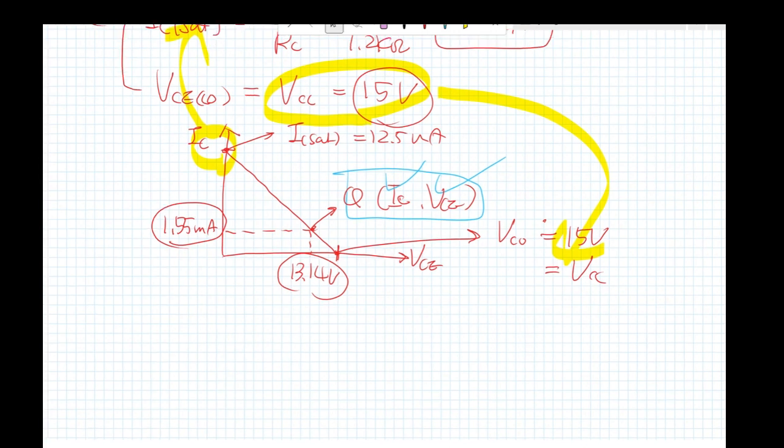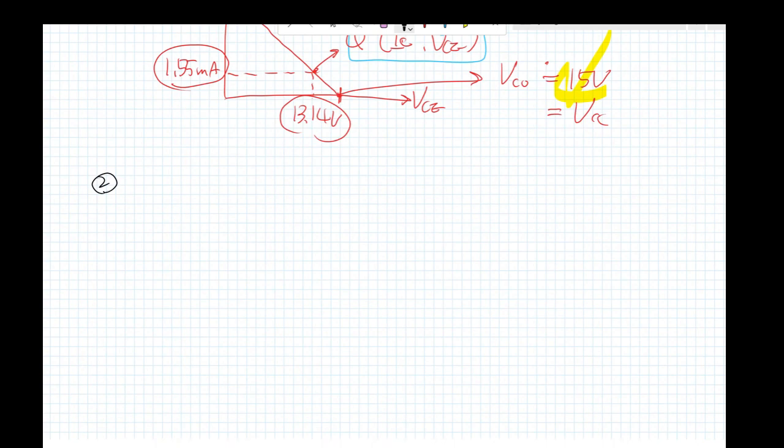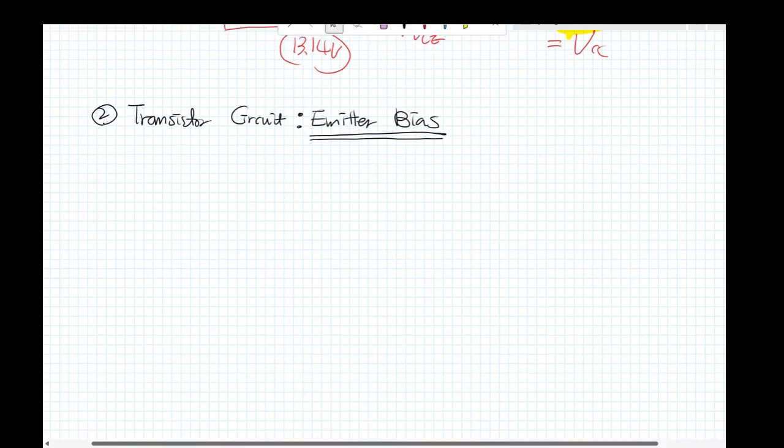All right. Now we have the second circuit, that was the transistor circuit, that is the emitter bias. Okay, not base bias. That's very important. All right.